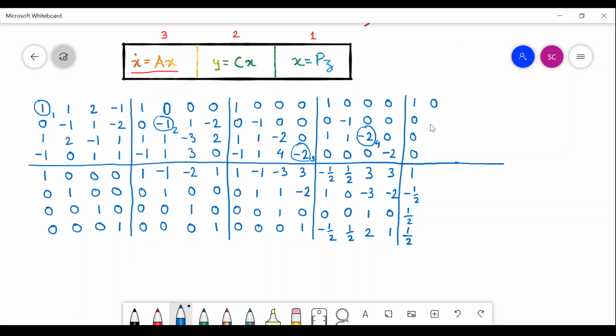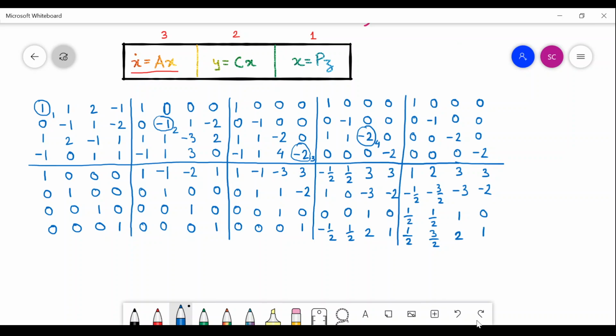This would be 2 minus 3/2, half, and 3. So 0 minus 2, 0, 3, 1, minus 3, 0, and 1.